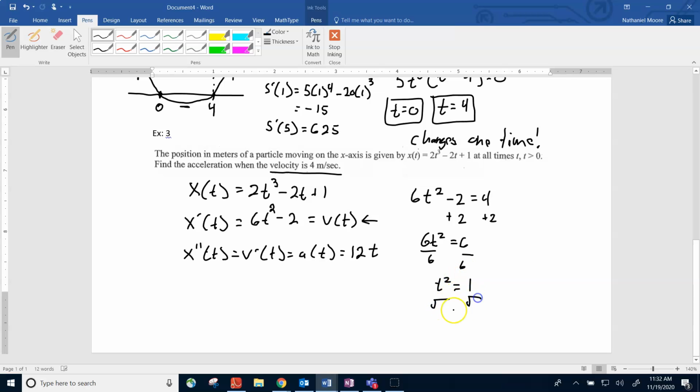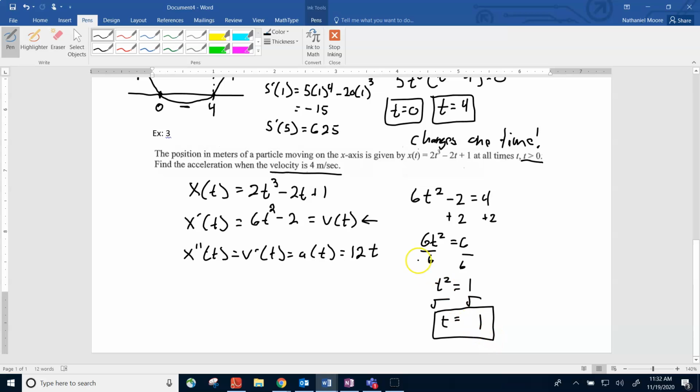If you square root, you'd have t is equal to plus or minus 1, because the square root of 1 is 1. But because we said t is greater than 0, we don't care about the negative version of 1 here. So it's just going to be t is equal to positive 1.